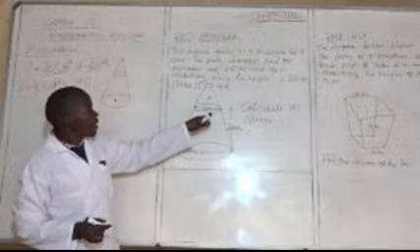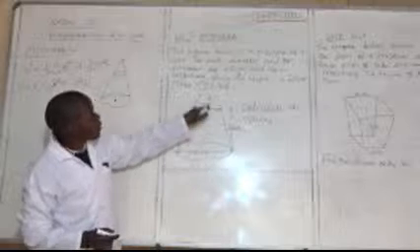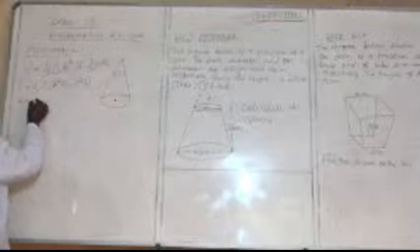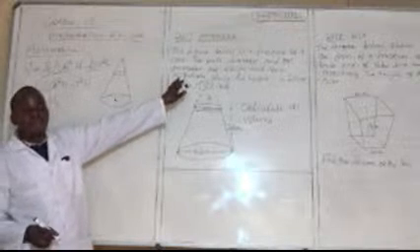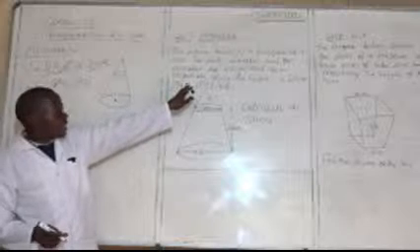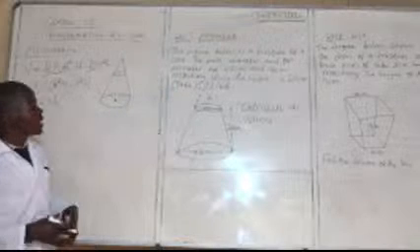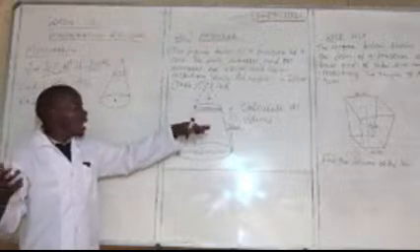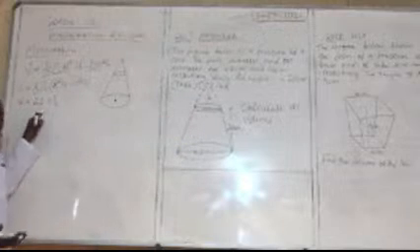Meaning that for us to find the height of the bigger cone, we'll say 20 plus h, the smaller height. Are we together there? So the first thing is to find this h here, the smaller height, and the bigger height.